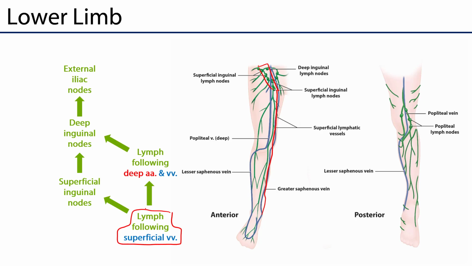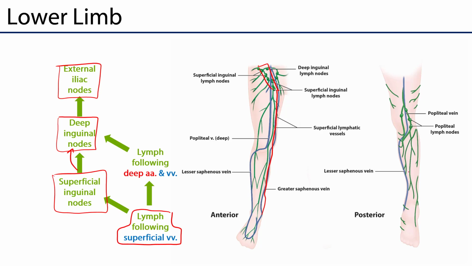So that lymph will follow the great saphenous vein up into the superficial inguinal nodes. And you know that those superficial inguinal nodes will then drain deep through the femoral triangle to the deep inguinal nodes, and then those will ultimately drain into the external iliac nodes, and then into the common iliac nodes, and then through the lumbar trunks.